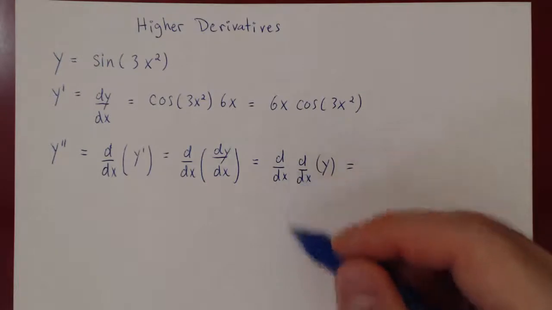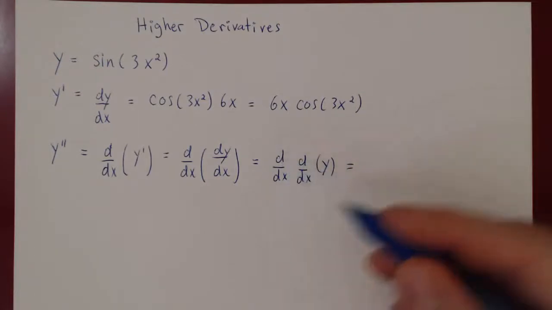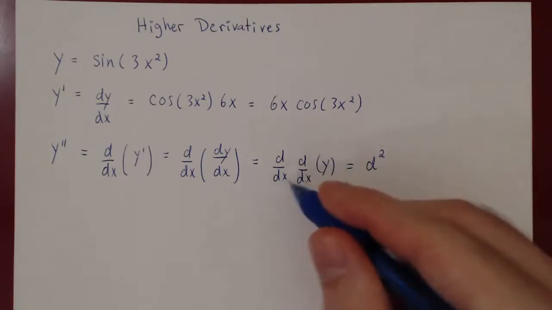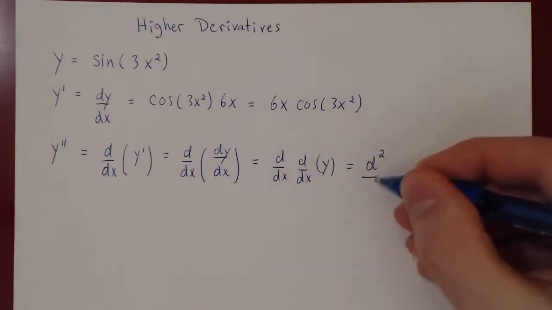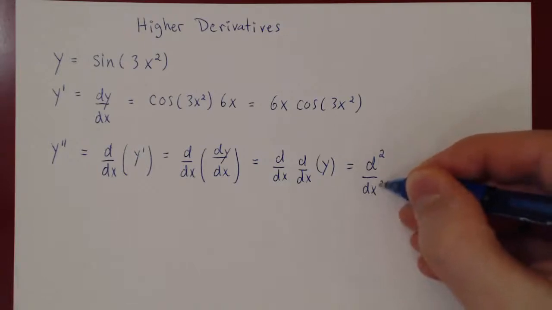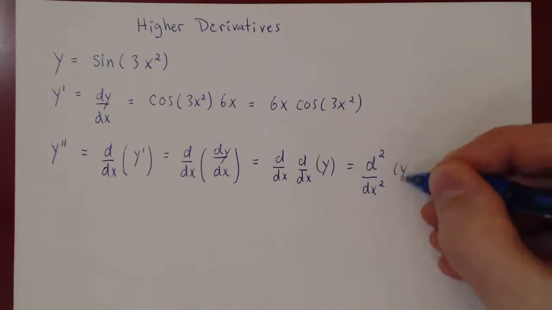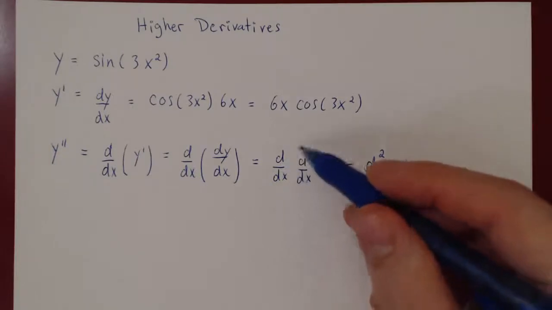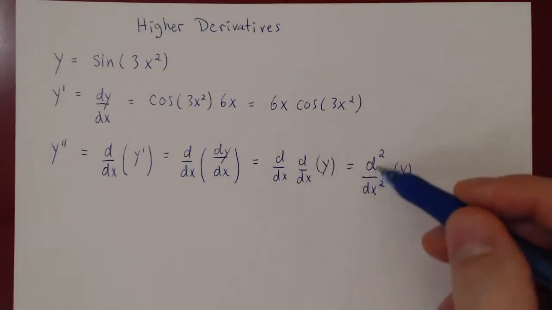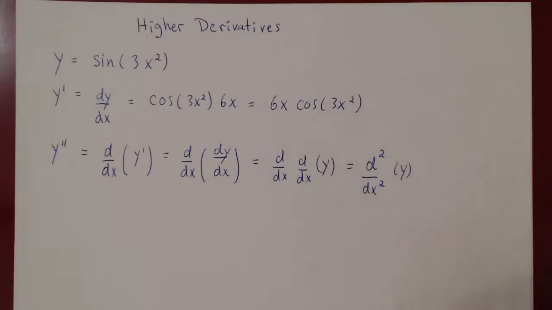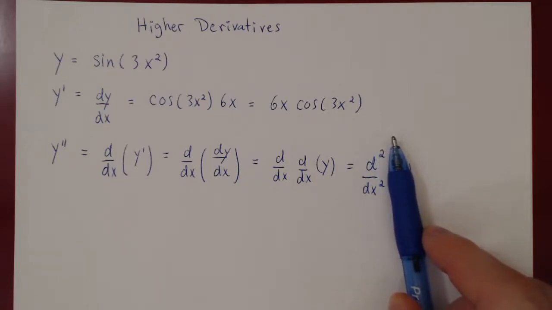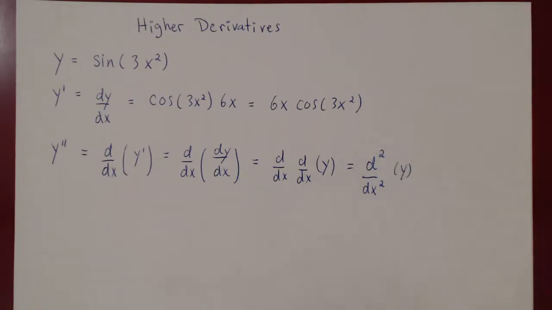So we can write it in this way. We have d squared over dx squared of y. So again, all this means is you differentiate the derivative of y, and you can write it in this way. You think of it as d over dx is the derivative, but now we're saying we differentiate twice the function y.